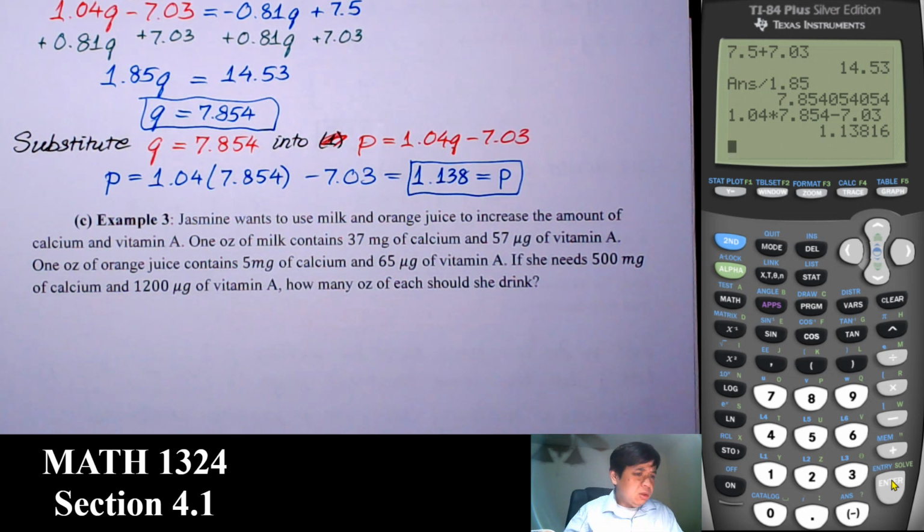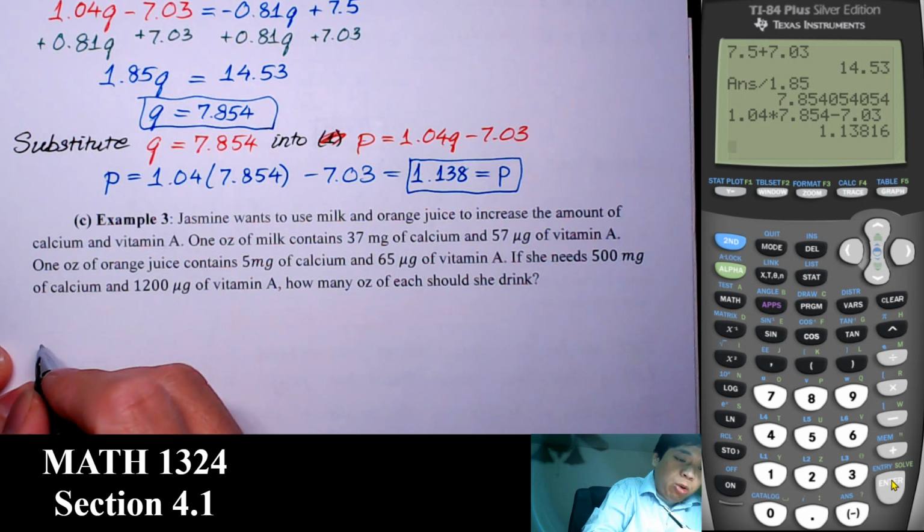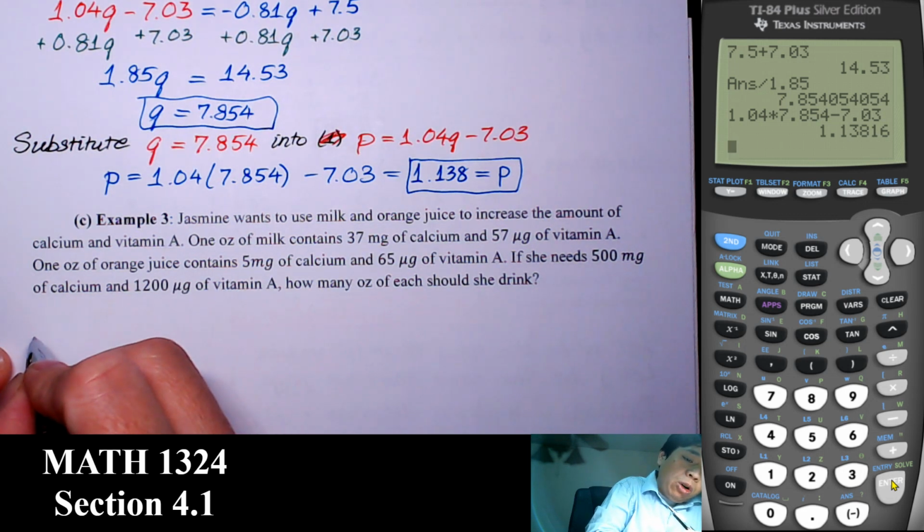So later on, for this type of problem, we should summarize like this. You have 2 types of drinks, orange juice and milk.